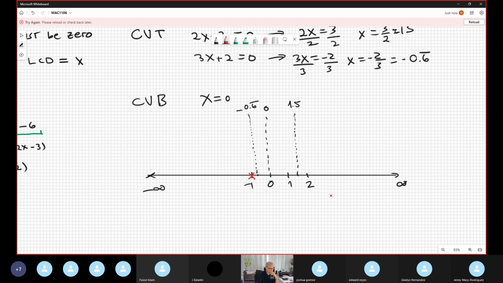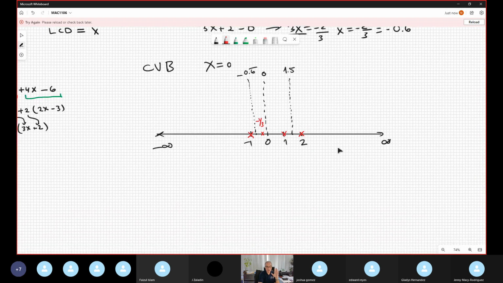Either way, on my paper I take negative 1/3. It doesn't matter. In between 0 and 1.5, obviously 1. And after 1.5, 2. This is my testing: -1, -1/3, 1, 2. The answer doesn't change if you select different points, because remember, this is an interval. We analyze intervals.